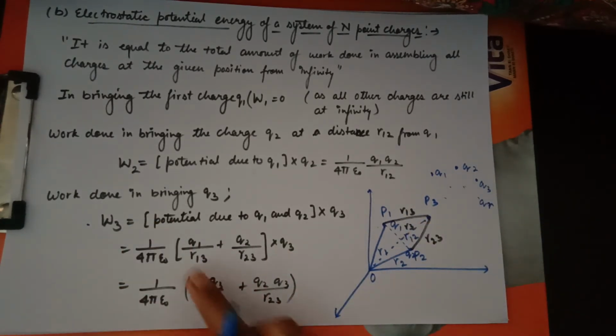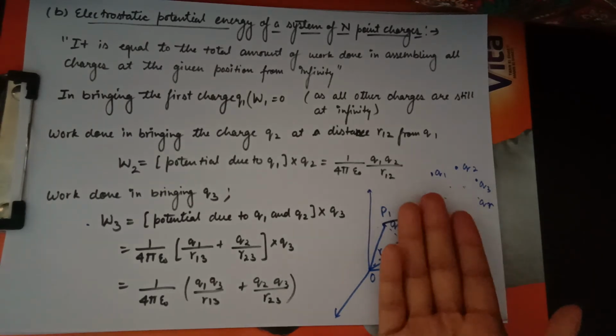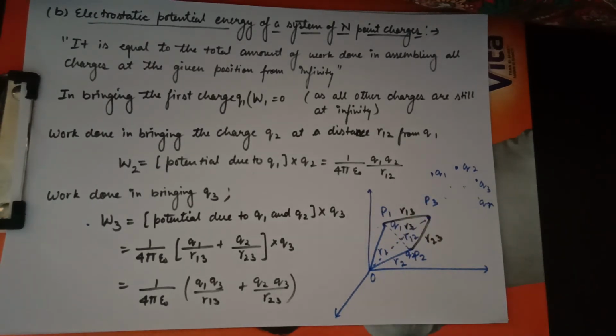So work done in bringing q3 comes out to be 1 upon 4 pi epsilon naught, q1 q3 divided by r13 plus q2 q3 divided by r23. In a similar way, I can calculate the work done for bringing charges q4, q5, q6 and so on, and lastly qn.